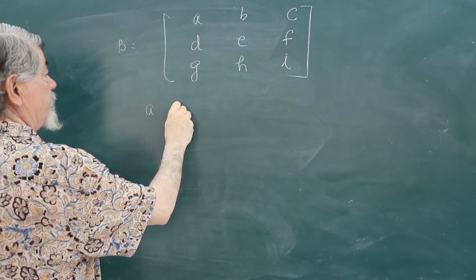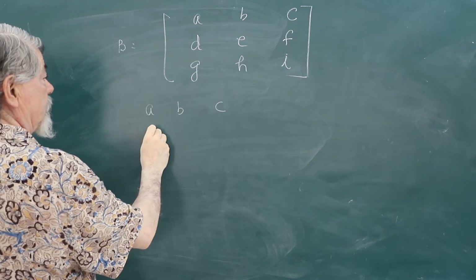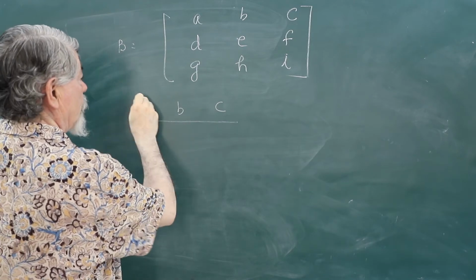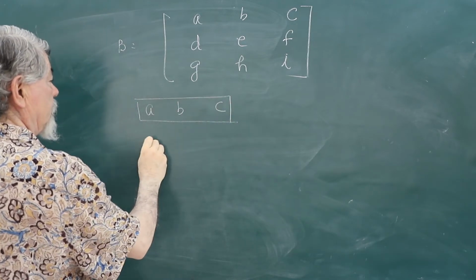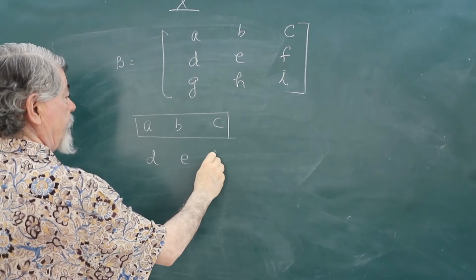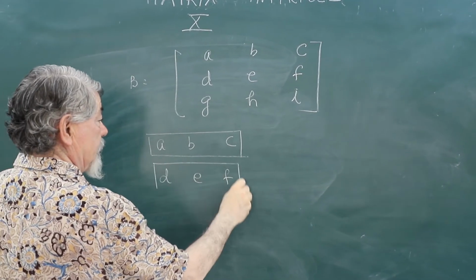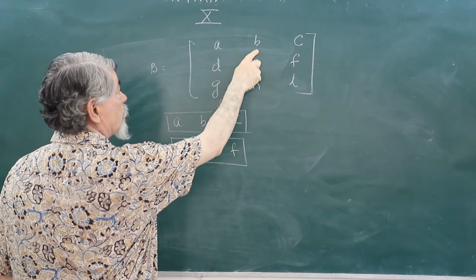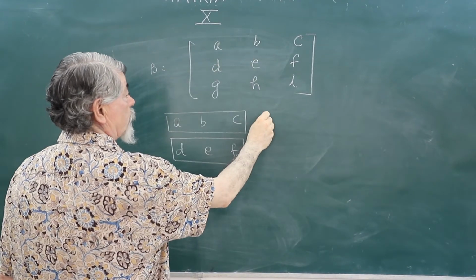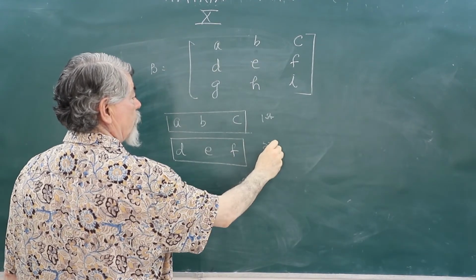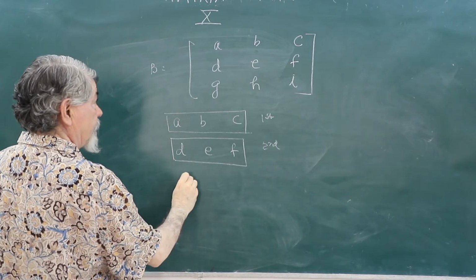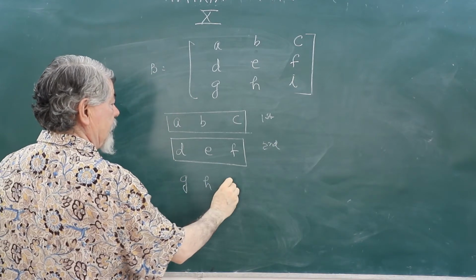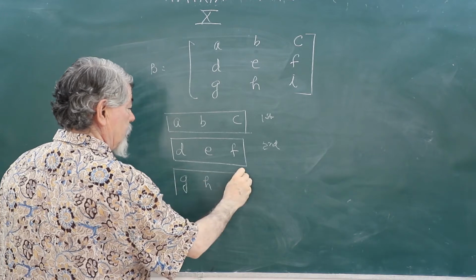First, A, B, C is a row. D, E, F is the second row. And I have G, H, I as the third row.